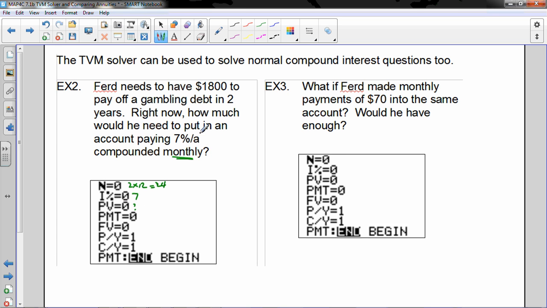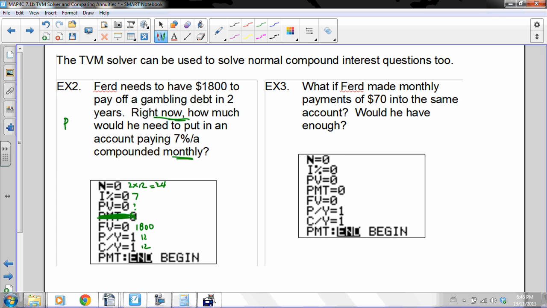How much would he need to put in an account now? That implies present value. And notice that there's no regular payment here, so we're going to leave that at 0. Future value, that's $1,800 that we want to have so he can pay off his debt. The payments per year and compounding periods per year, it's monthly again, so those are 12.